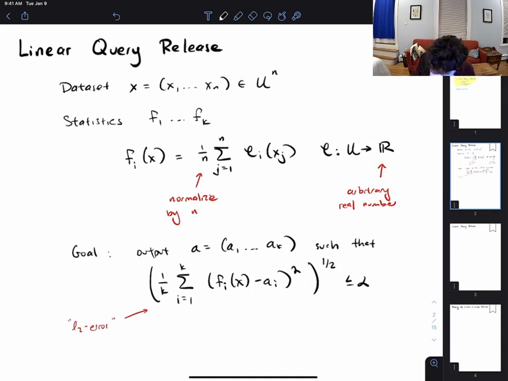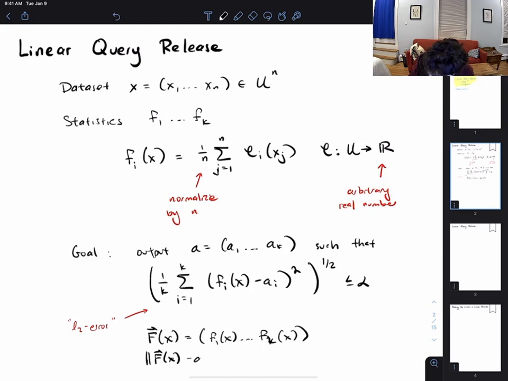And lastly, just to be concrete about this, let's define the vector of queries. The thing we want is that if I take this vector minus a in L2 norm divided by square root of k, I want this to be at most 1/2.